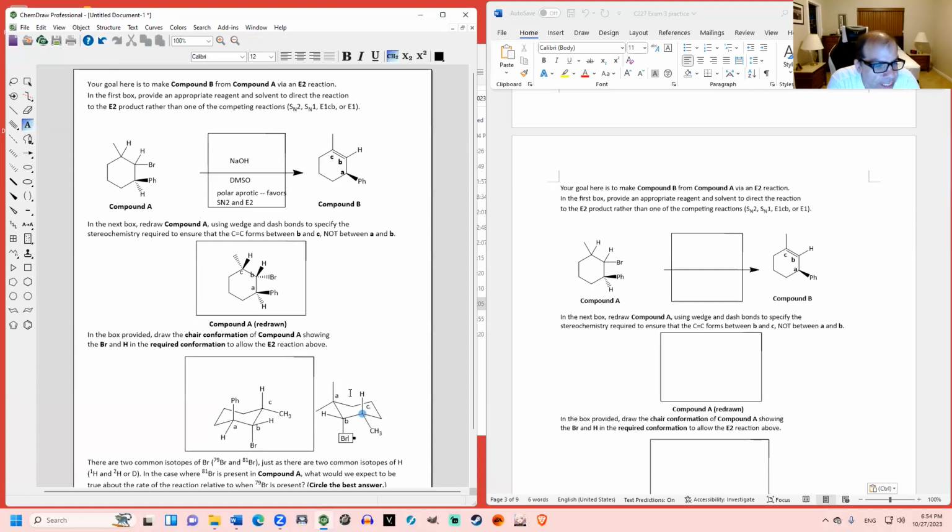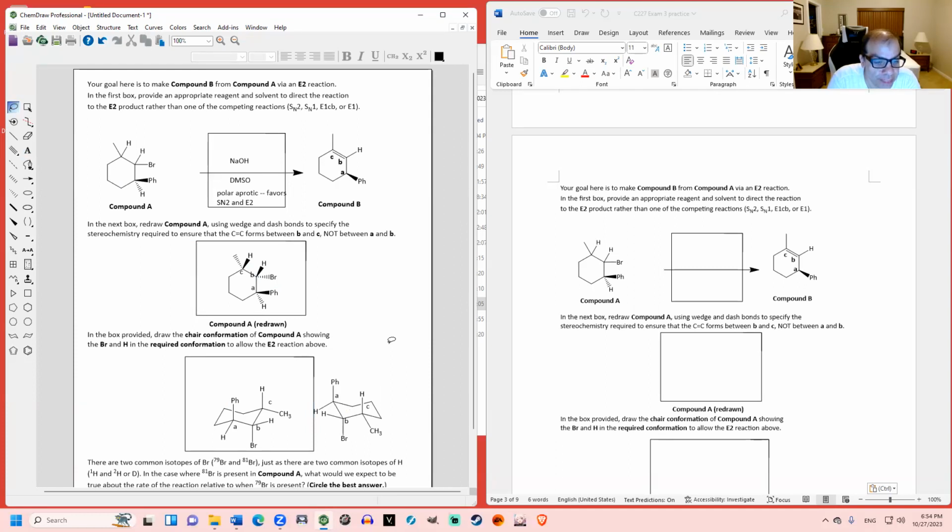And then on carbon A, the phenyl group is up, and the hydrogen is down. So that's another perfectly acceptable way to draw it.